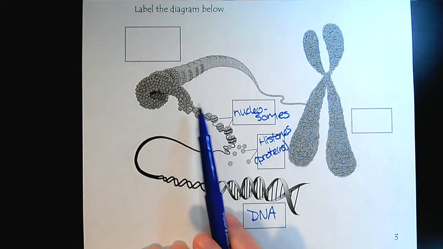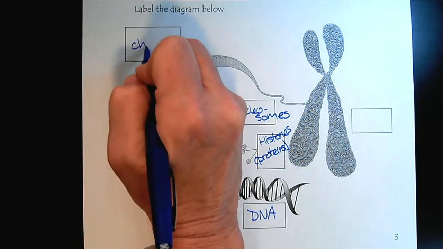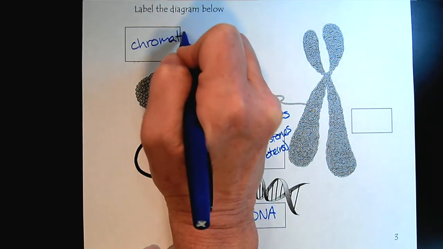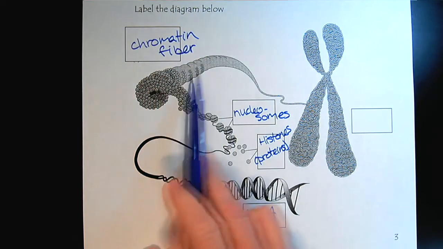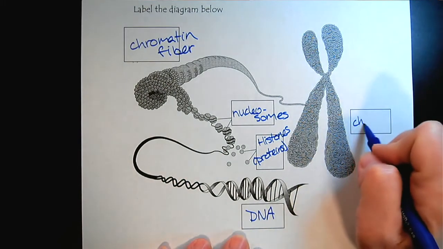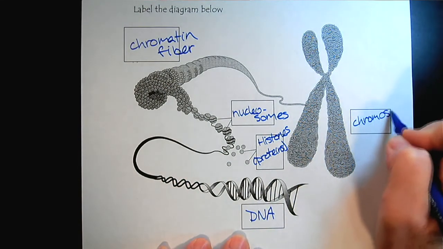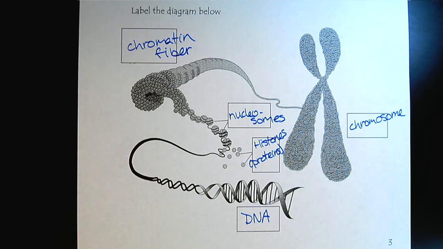And then the nucleosomes curl on themselves to create the chromatin fiber. And then the chromatin fiber curls up on itself to make the chromosome. All right, so make sure you understand the different components that go into creating the higher order structure of a DNA molecule.